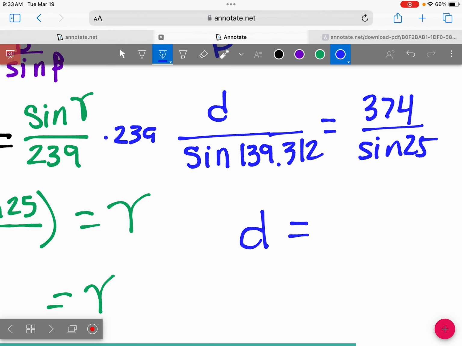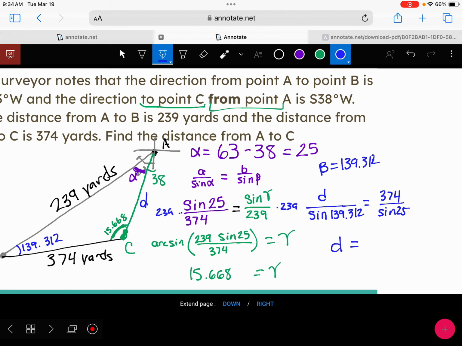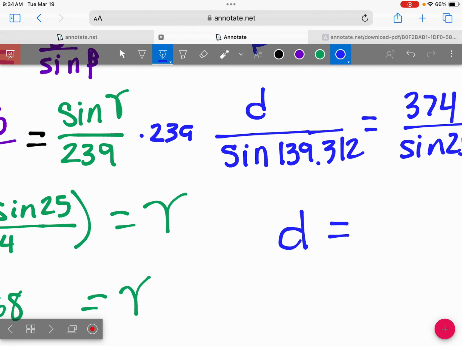What do we get as that distance when you type it? Oh, for the angle? Mm-hmm. It's entirely possible I may have written it down wrong.